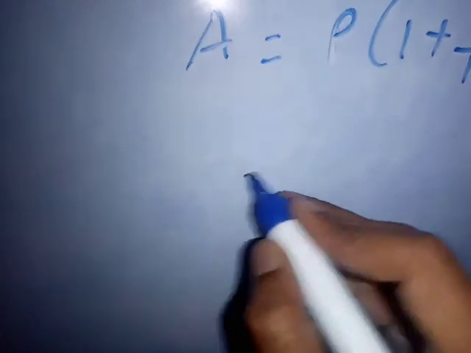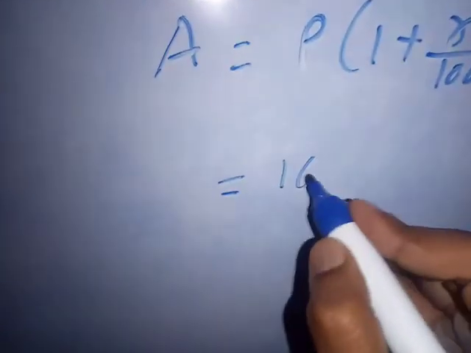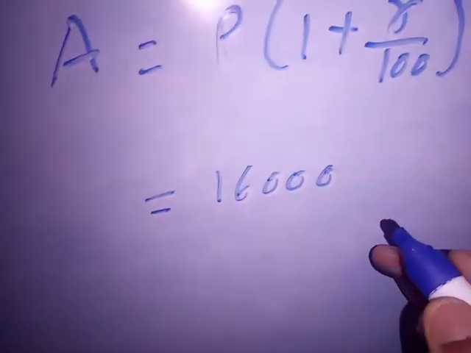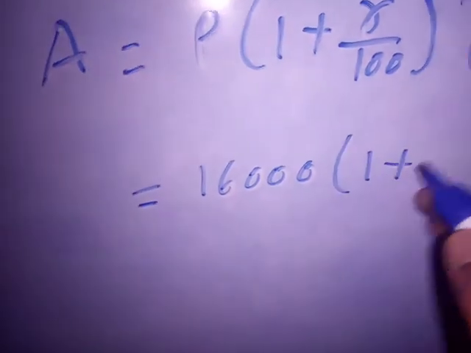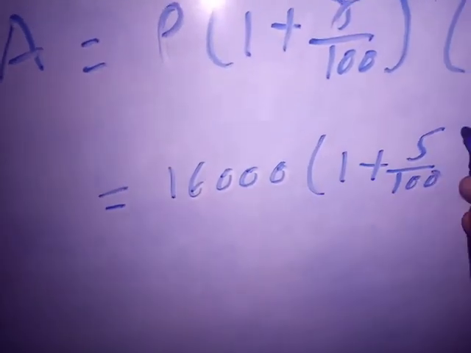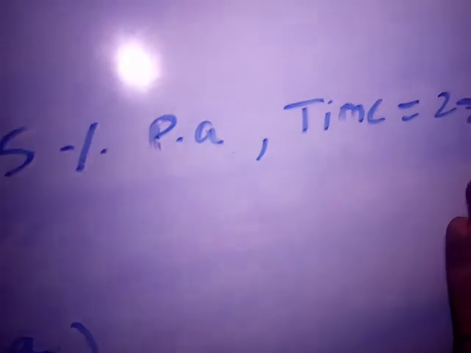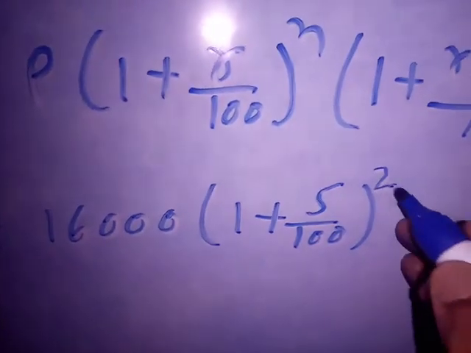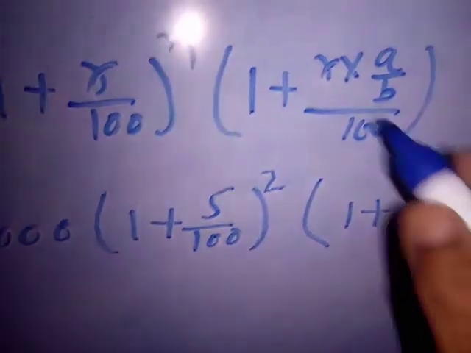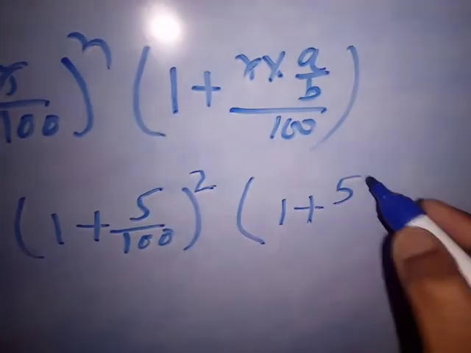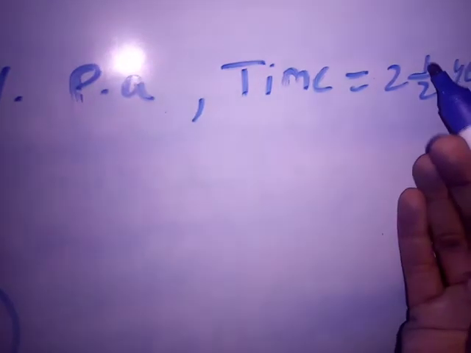So now P equals 16,000, 1 plus 5 by 100, and time is what? 2.5. Having 2.5, here we will write 2, and here 1 plus R is 5, and the fraction is 1 by 2.